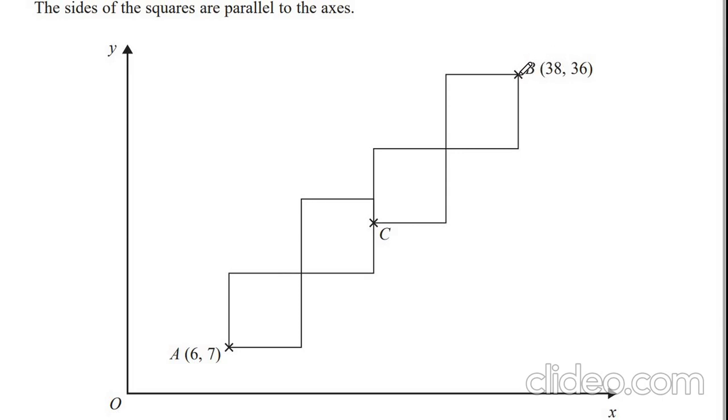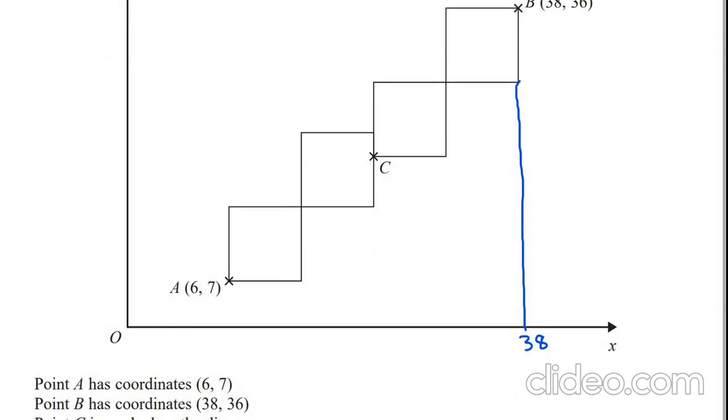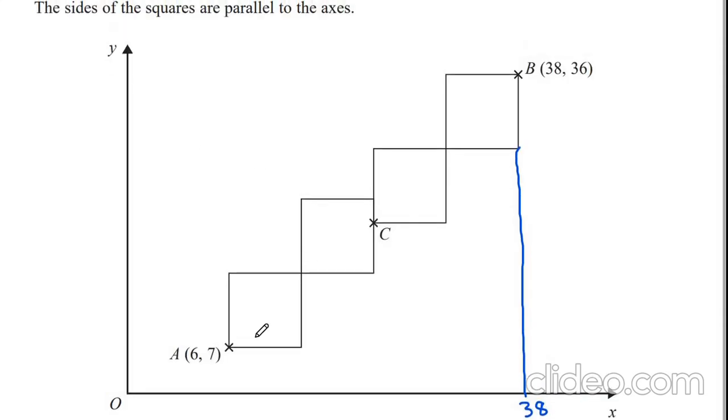Now the x-coordinate of B is 38, and the y-coordinate is 36. Now we need to think about what is the x-coordinate of A. That is 6, so this is 6.